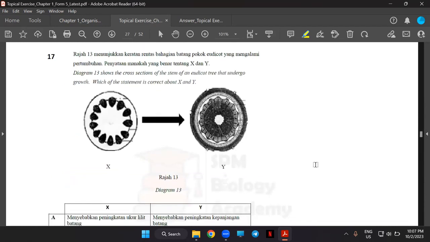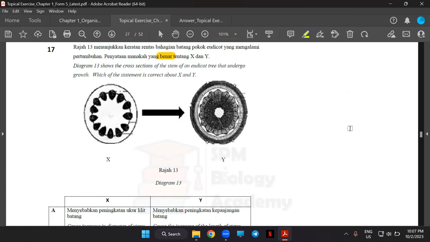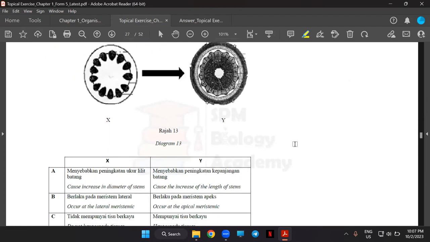17. Rajah 13 menunjukkan keratan rentas bahagian batang pokok dikotiledon yang mengalami pertumbuhan. Pernyataan mana yang benar tentang X dan Y? So diagram 13 show the cross section of the stem of a dicot tree that undergo growth. Which of the statement is correct about X and Y?